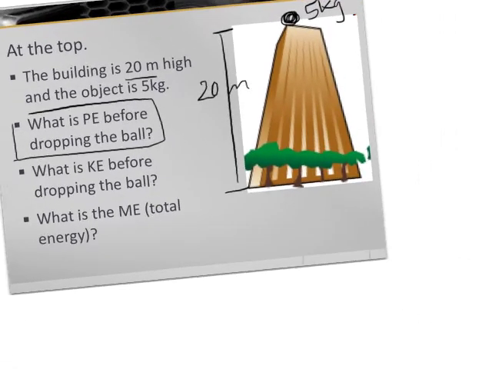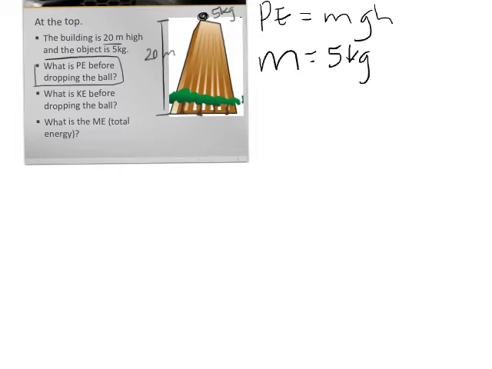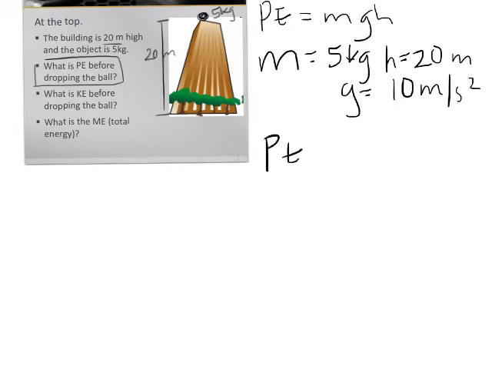So let's make some more room for work here. So if we want to find potential energy, we need mgh. Okay, so then we know our mass is 5 kilograms, h is 20 meters, and then g you should always know, 10 meters per second squared. Okay, so we're going to take those numbers.